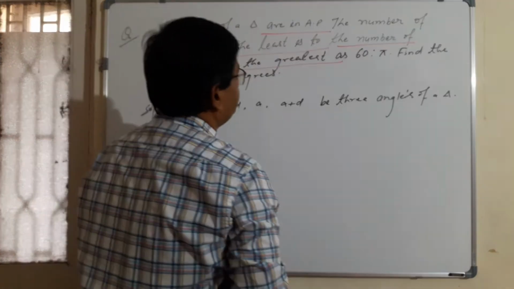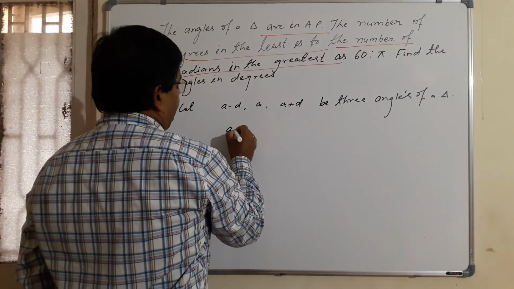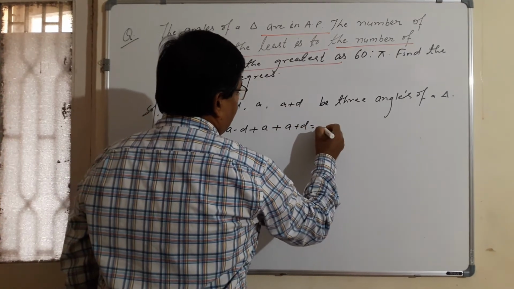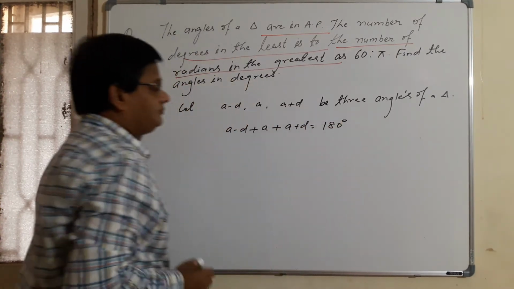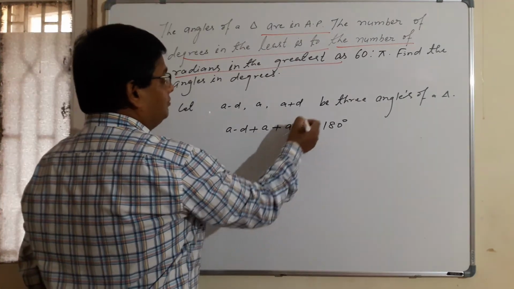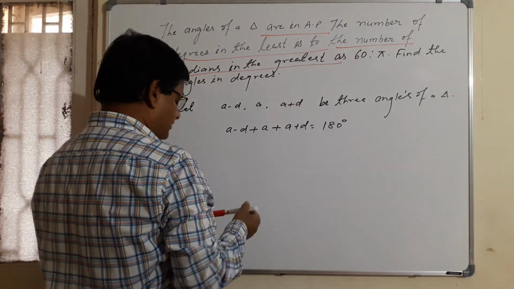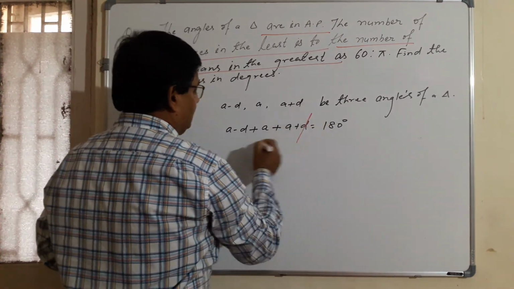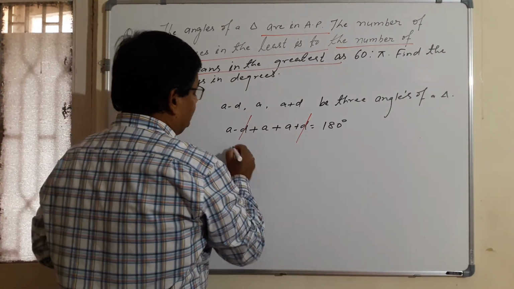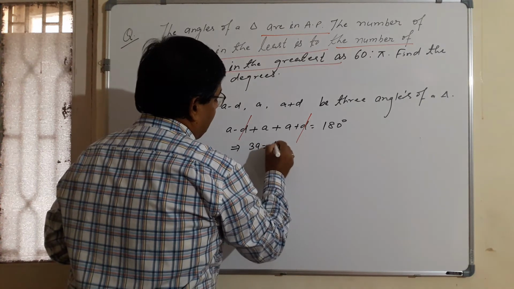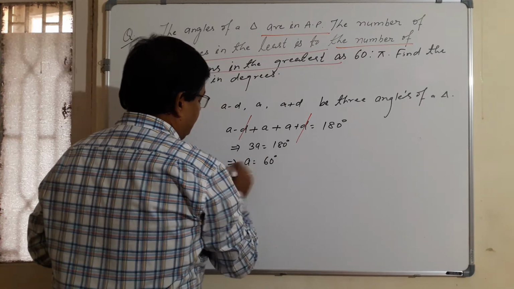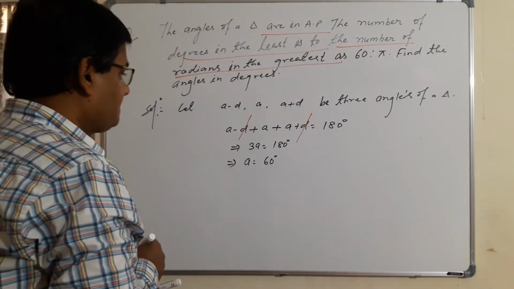So see here, A minus D plus A plus A plus D is equal to 180 degree. Minus D and plus D cancel. So 3A is equal to 180 degree. So A is equal to 60 degree.